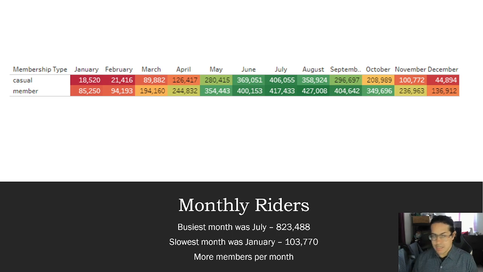So what that means, or one of the things that means, is if we take a look at it on a month per month basis, the colder months perform drastically worse than the hotter months, especially because this is Chicago. The colder months, which are November, December, January, February, and March, are all substantially lower than the hotter months, which are May, June, July, August, and September, which are all minimum 500,000 rides per month from May to September.